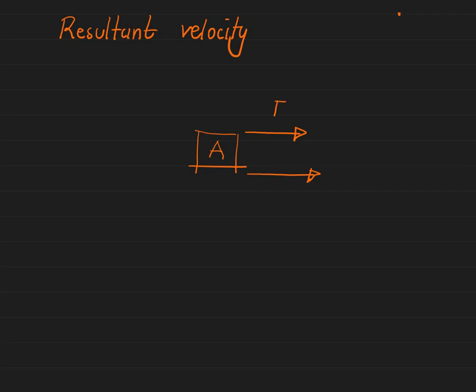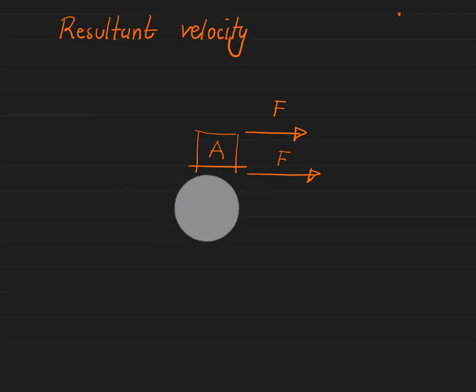Let's call this one F, and let's call this one F. These two forces are the same in magnitude. So my resultant force, which I'll call Fr, will be F plus F, which equals 2F. So that's the resultant vector, or the resultant force acting on that object.